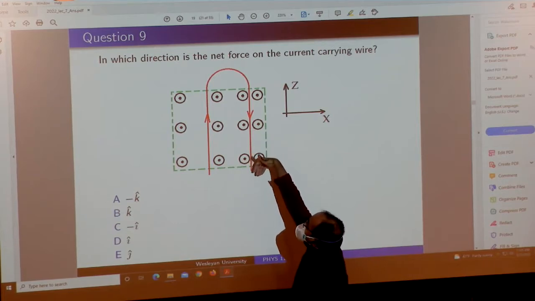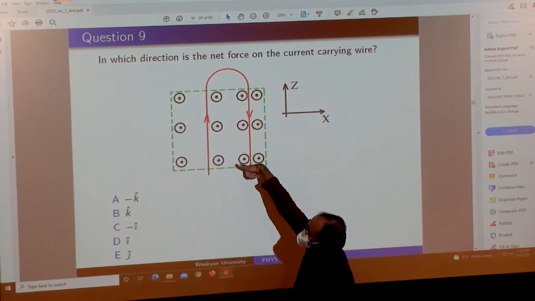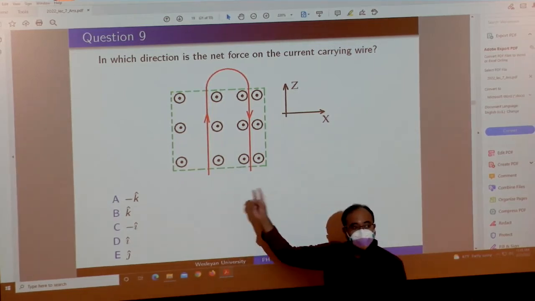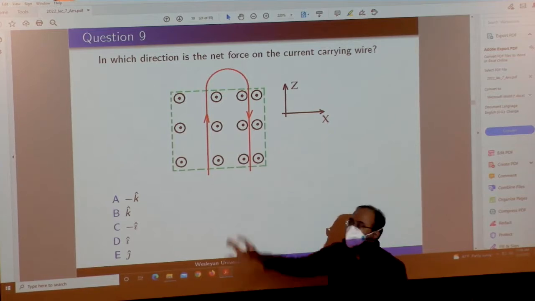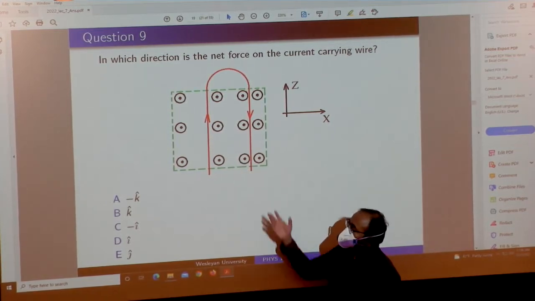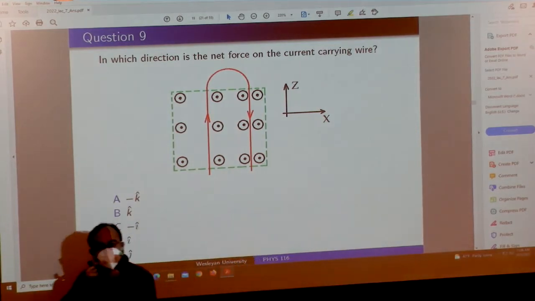And for this bit of wire, I would do IL cross B, coming out of the page, so the force would be in the negative x direction. Which one feels a stronger force? This one feels a stronger force because the field lines are closer, and so the force will also be stronger. Questions?